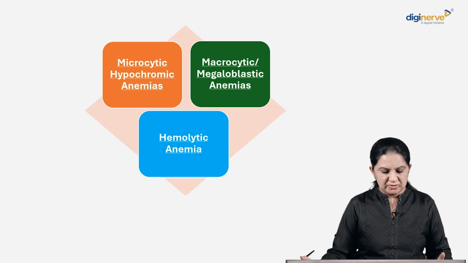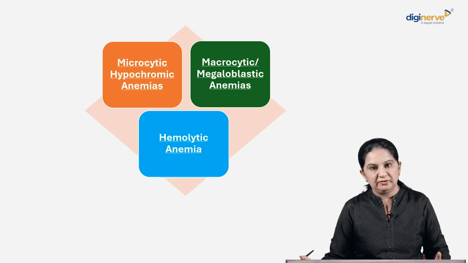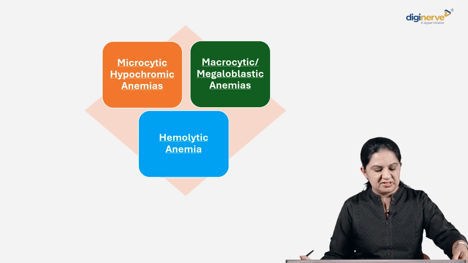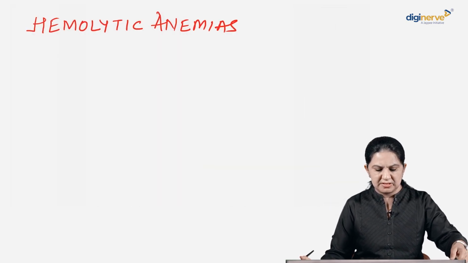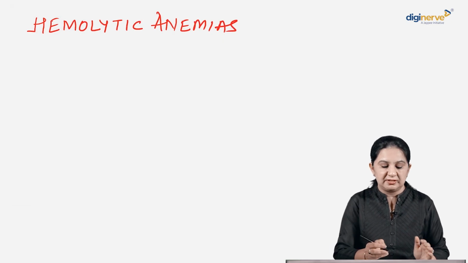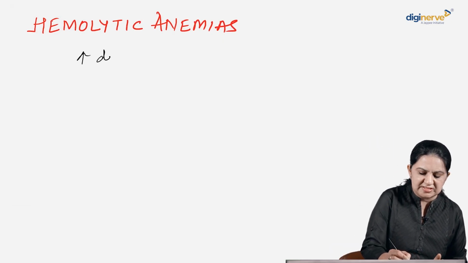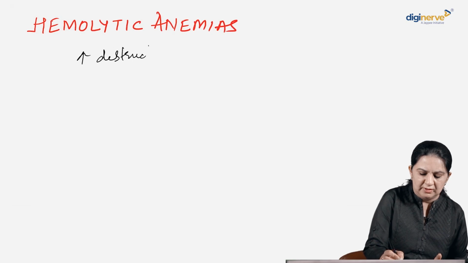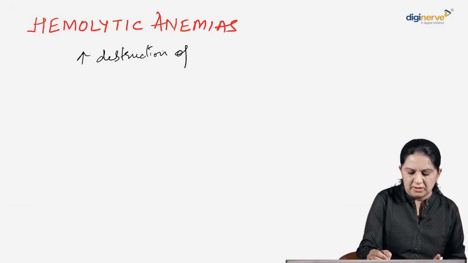So we studied the microcytic hypochromic and the macrocytic or megaloblastic anemias. Now it's the turn for hemolytic anemias. Hemolytic anemias basically result from the increased destruction of red cells.